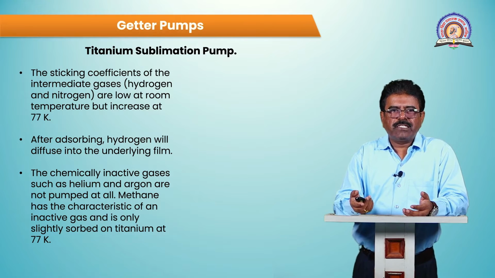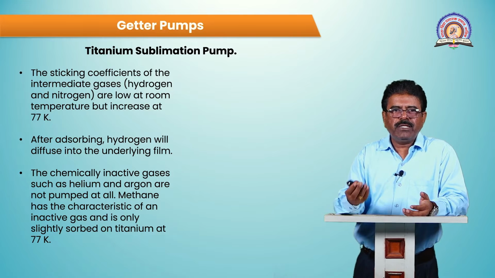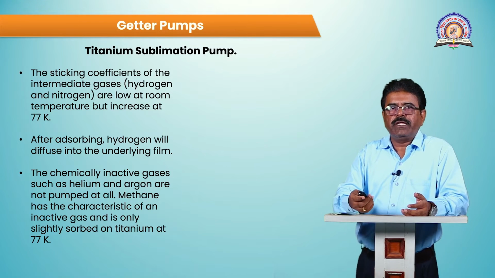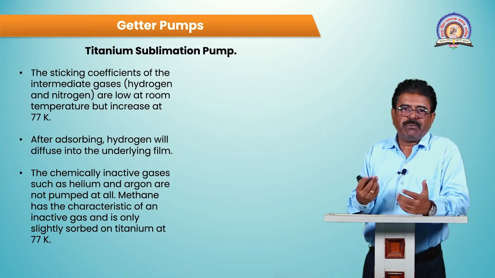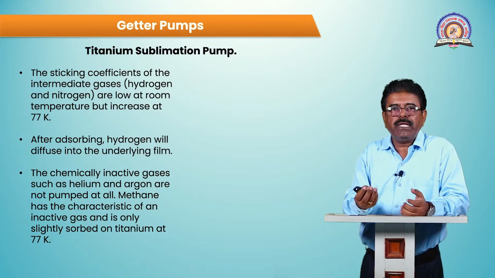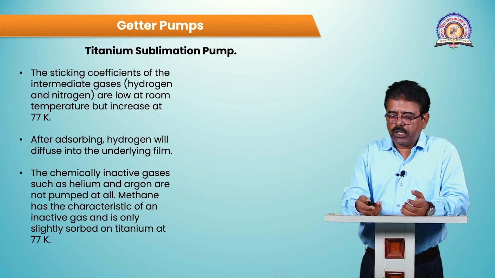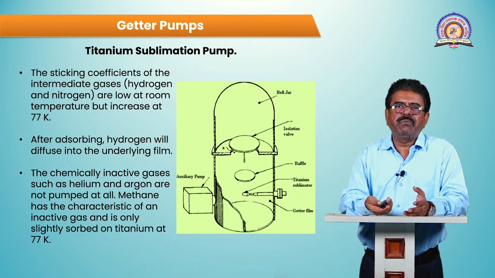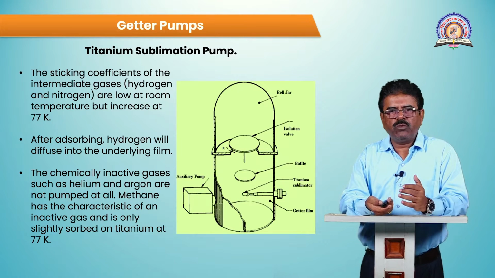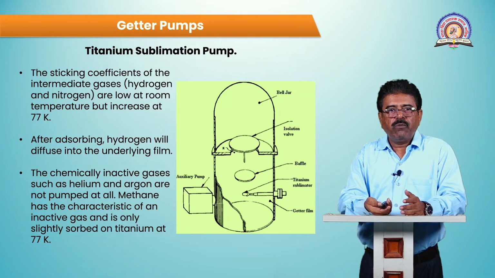For these gas species, including methane, which has the characteristics of an inactive gas, it can be adsorbed on the surface of titanium only at a very low temperature of the order of 77 degrees Kelvin. So for inactive gases, this titanium sublimation pump is not an efficient way of creating the vacuum.